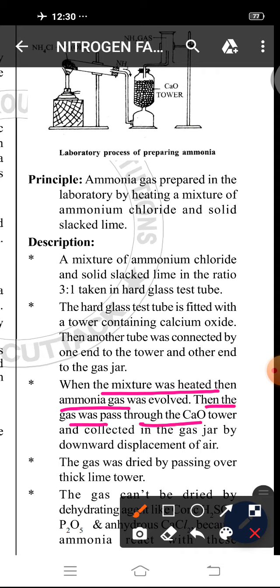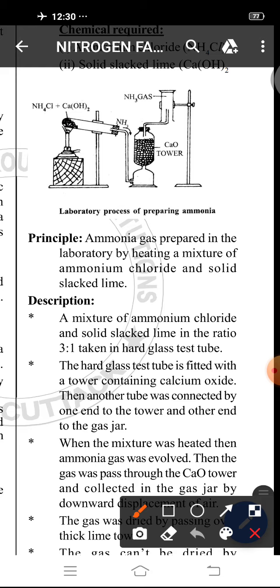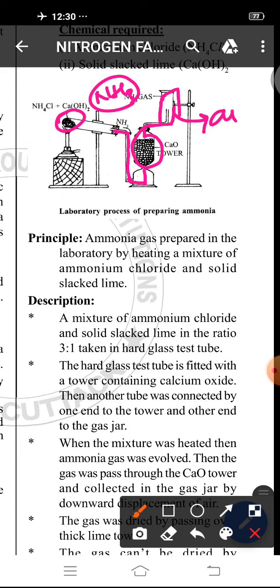This ammonia gas passes through the tube and then through the calcium oxide tower and is collected in the gas jar by downward displacement of air. Downward displacement of air means that ammonia is lighter than air.